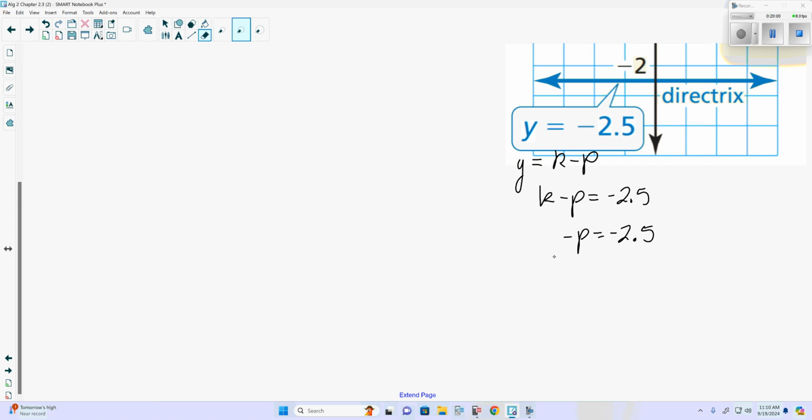Well, we don't really care about negative p. I want to find the value of what? P. Well, if negative p is equal to negative 2.5, positive p should equal what? 2.5. If I switch the sign on one side, I have to switch it on the other. Or we can just divide both sides by negative 1. Get p is 2.5.